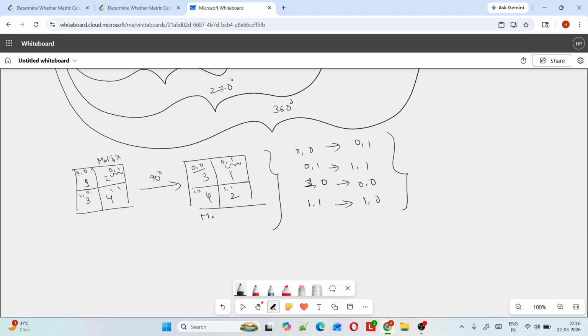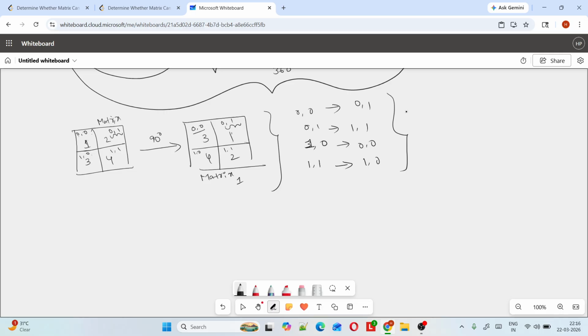Let's take this matrix. So the element at matrix of i, j is moved to which index in the rotated matrix? You have to check that.